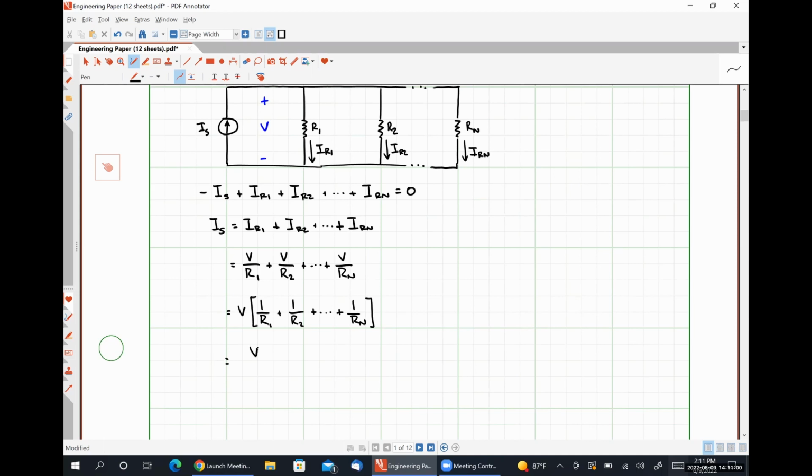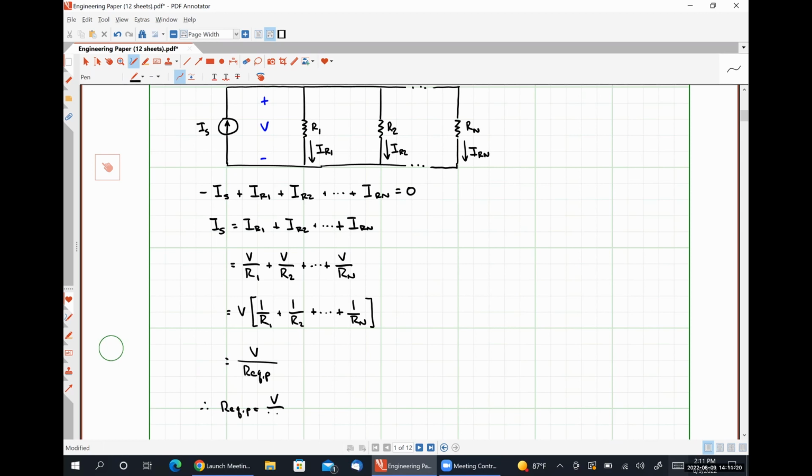or V divided by Req comma P, where Req comma P is the equivalent parallel resistance.